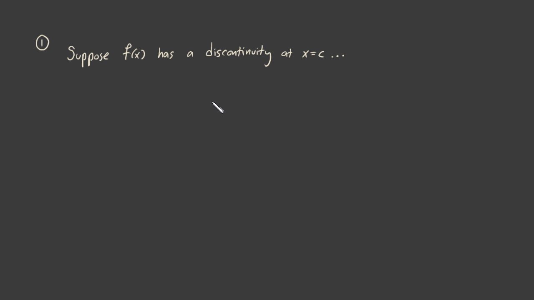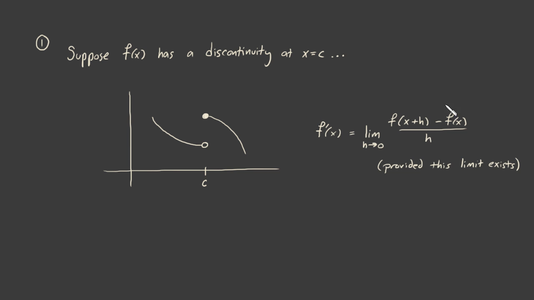Well, this is fairly easy to see intuitively if we look at a graph of f of x, although it does depend a little bit on what kind of discontinuity we have. But let's take a look at a graph that has a gap discontinuity in it. Something like this one, perhaps. Now recall, the definition for the derivative of f is the following, right here, and can be thought of as a limiting slope of a secant line, where this numerator represents the rise and the denominator represents the run.